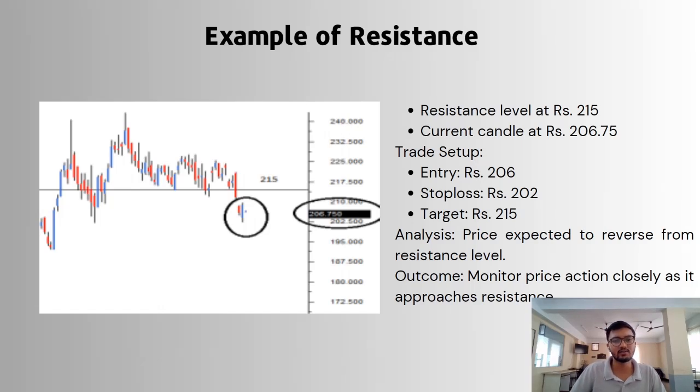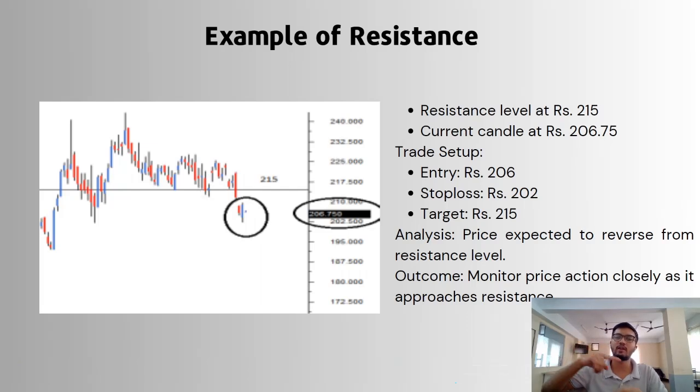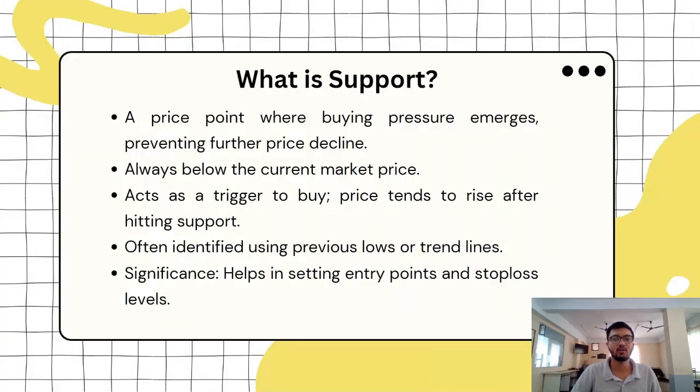Let me give you an example of resistance, though I think this is the wrong chart. The resistance is where the price goes up and up, and every time it hits a particular price, there is some kind of selling pressure. What is support? As we just saw with Tata Motors, every time the stock hits that particular price, there's buying pressure from below.